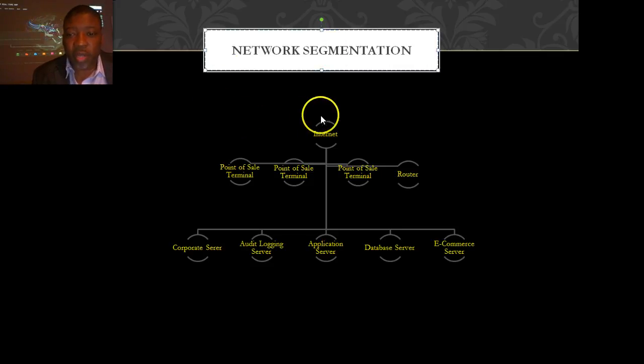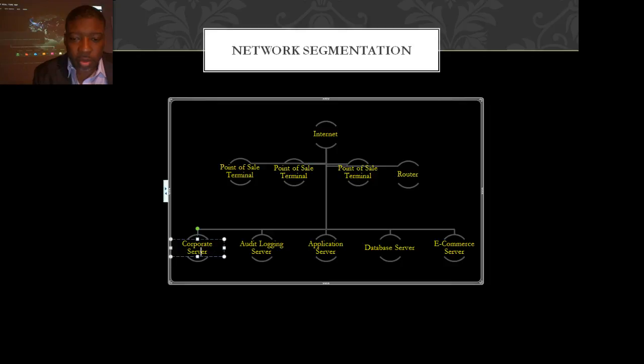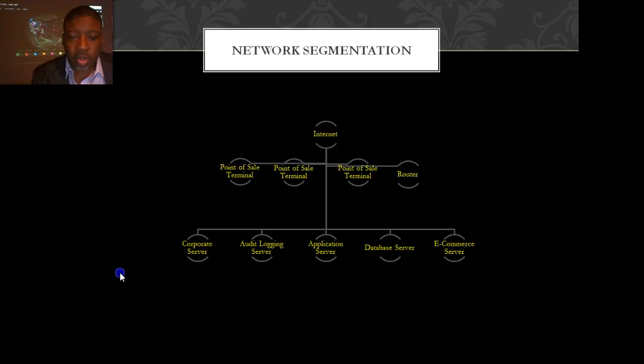So you have the internet, you have your point of sale terminals, you have a router, again corporate server, audit logging server, application. So you have a router here, but there are no firewalls. So it is not considered prudent. So cardholder data, everything is in scope on this diagram, just as the last diagram.